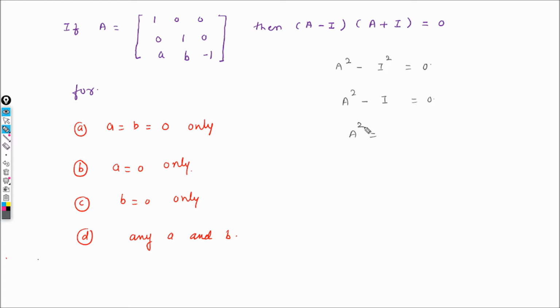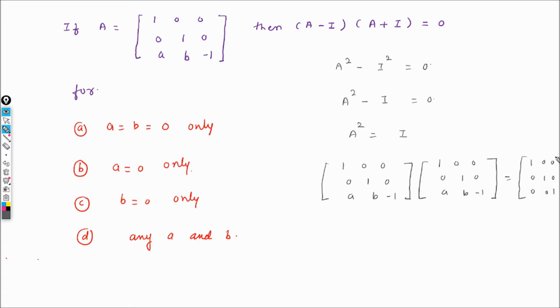So A square is equal to, I can write A square means A into A, [1 0 0; 0 1 0; a b -1] times [1 0 0; 0 1 0; a b -1]. So this is equal to identity matrix [1 0 0; 0 1 0; 0 0 1].